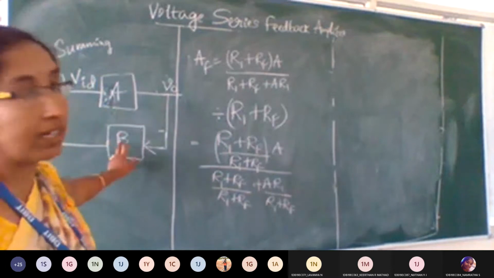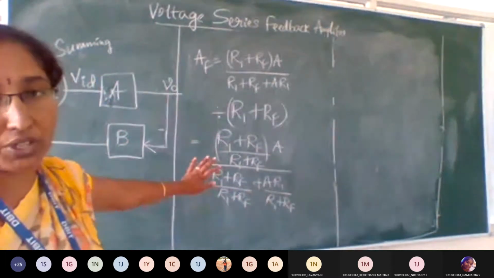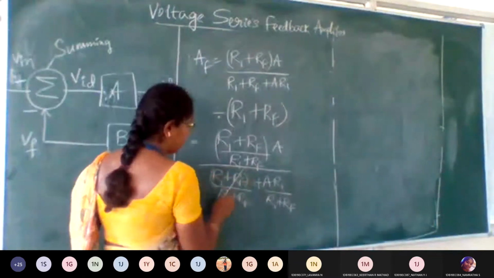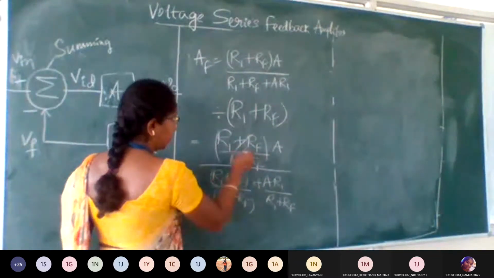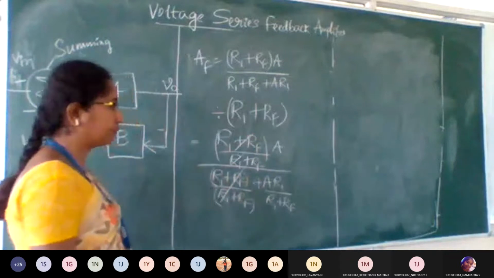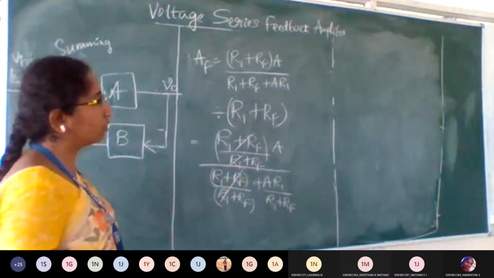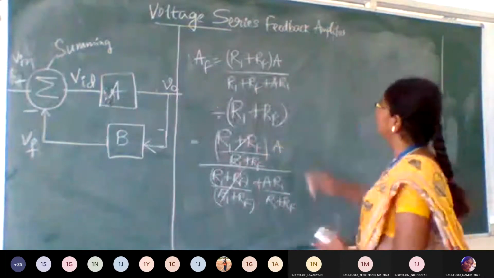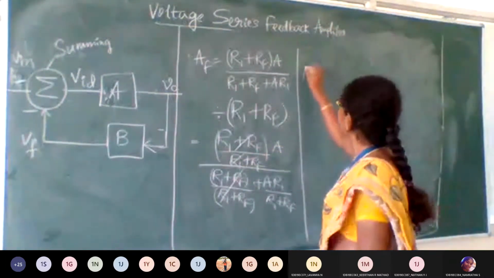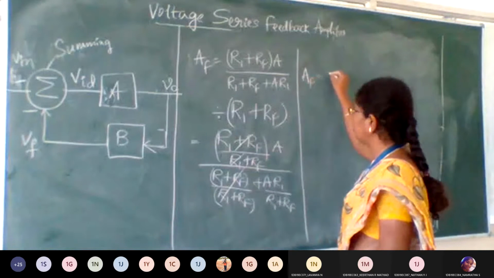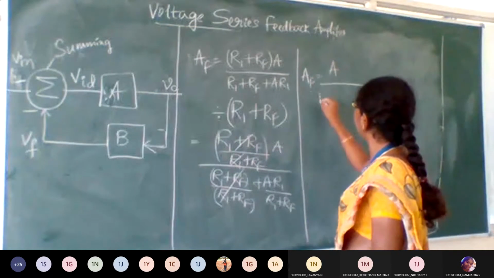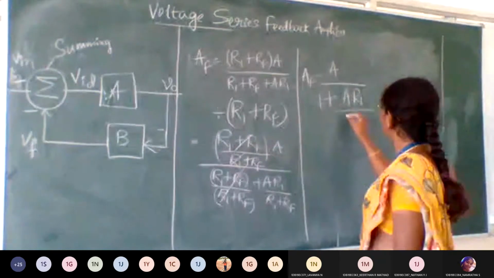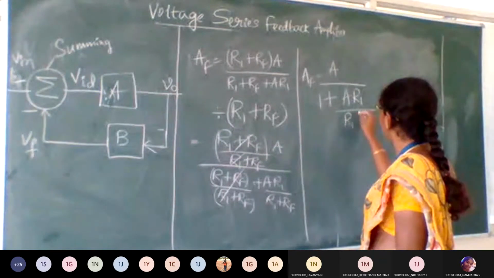So for AB terms and gain, this manipulation. That's it. So now this R1 plus RF and this R1 plus RF get cancelled. What is the expression you will get? AF is equal to A divided by 1 plus AR1 by R1 plus RF.